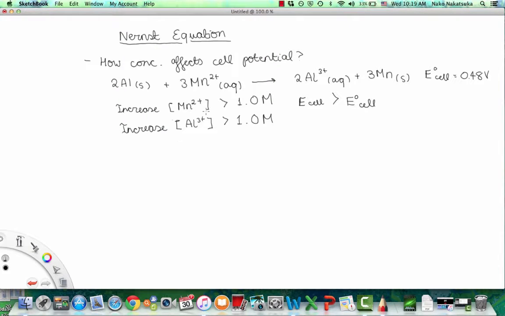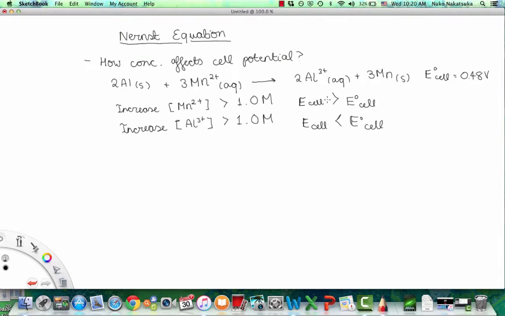So if we're now increasing the concentration of the products, now E cell is going to be less than the potential at standard conditions. So as you can see, by using Le Chatelier's principle, depending on whether you increase the reactants or the products, that cell potential is going to differ from the standard condition cell potential.